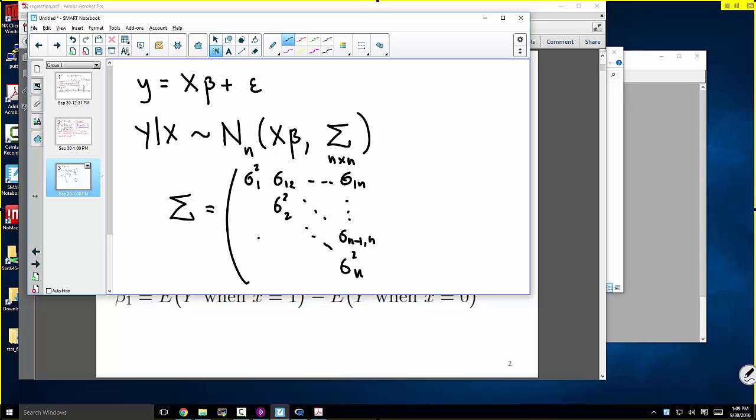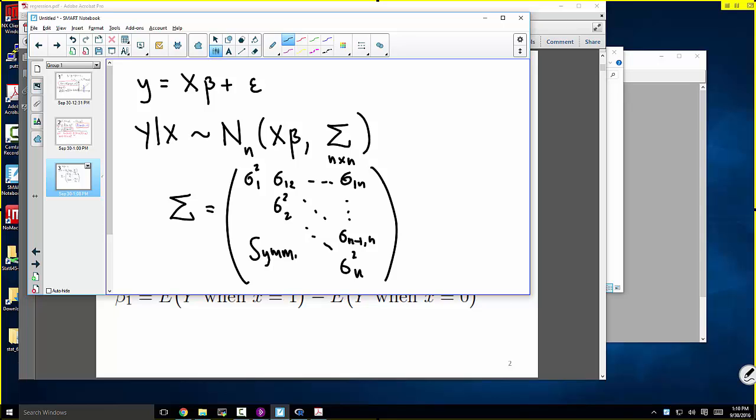And this is symmetric. So if that's what we're going to use, there's lots of parameters in there. There's a separate variance for every single individual, and there's all those covariances as well.